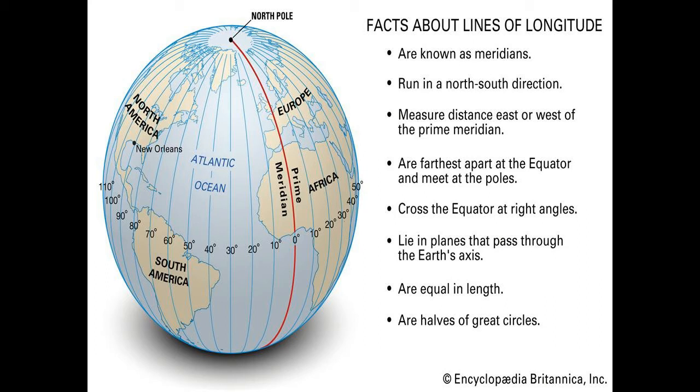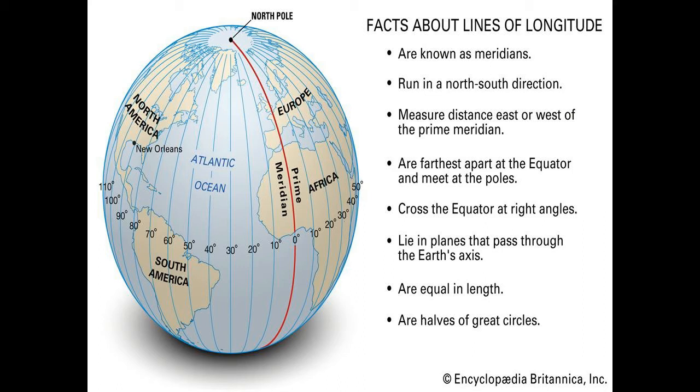The 0 degree longitude, also called the prime meridian, and its opposite, the 180 degree longitude, that is known as the international date line, form a circle that also divides the earth into two halves. The eastern half is called the eastern hemisphere and the western half is called the western hemisphere.